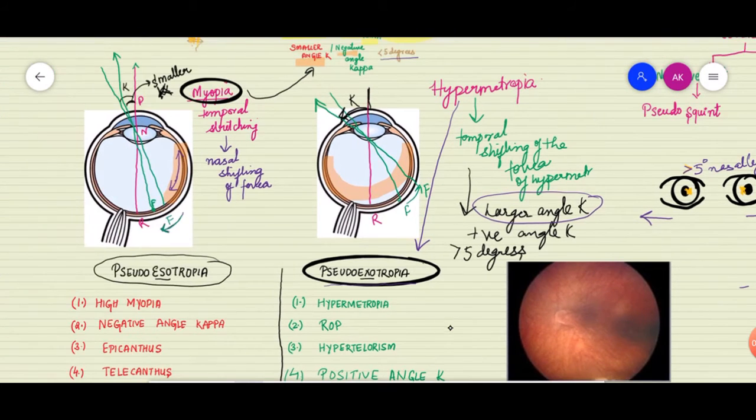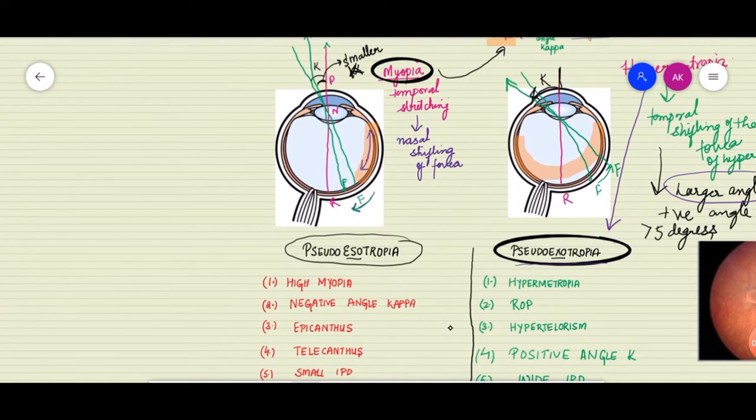Similarly, in a case of myopia, what will happen? In myopia, we told you that because of the temporal stretching, the fovea will be shifted nasally and the angle kappa will become smaller. So if the reflex was present nasally at 5 degrees, it will be shifted more temporally in these patients, more toward the center, and if it becomes negative, even more temporally.